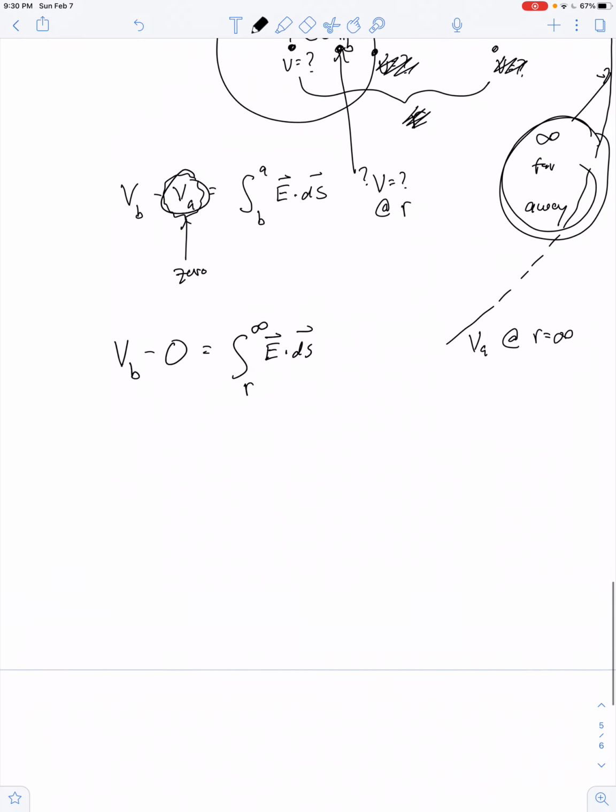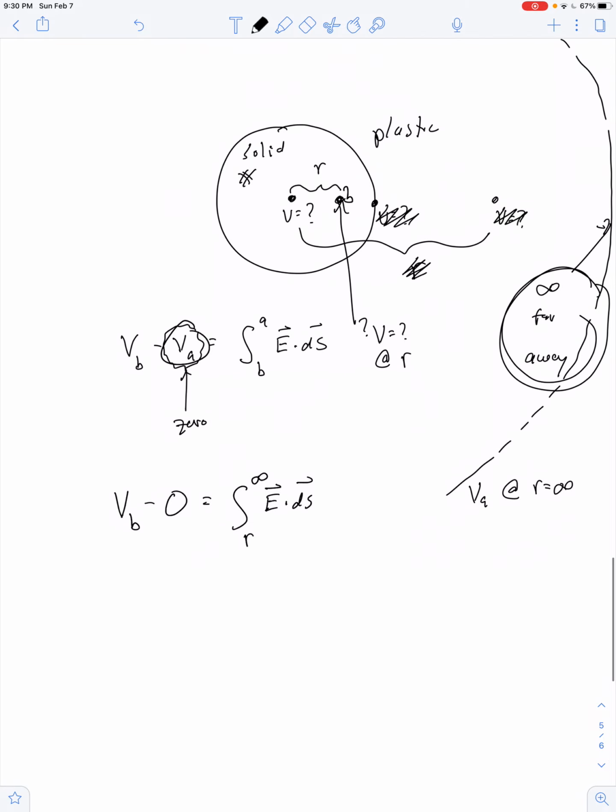Although there's a little bit of a problem here, because the formula that describes the electric field inside a uniformly charged sphere is a totally different equation than the one that solves for the electric field at points outside.